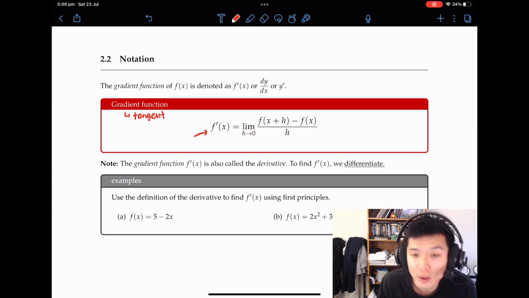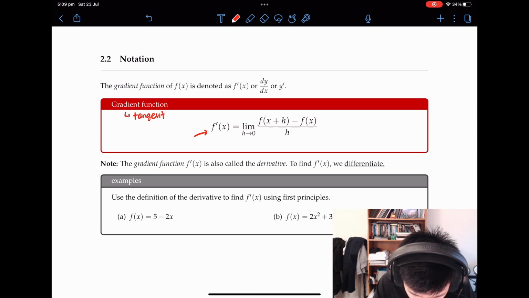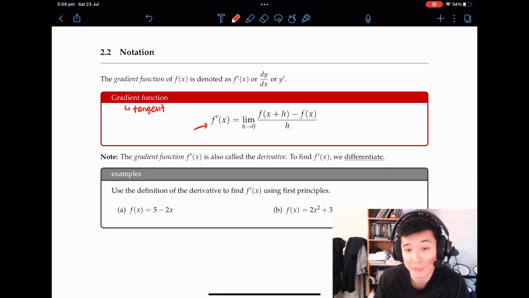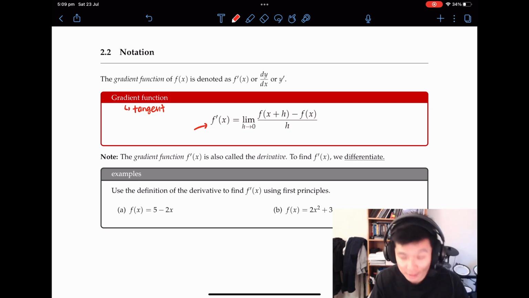But this function now, f dash of x, is given by the business that we just derived, right? The stuff that we just got, okay? Now this gradient function, or the gradient of the tangent, is also sometimes called the derivative. And in order to find the derivative, we differentiate, okay?